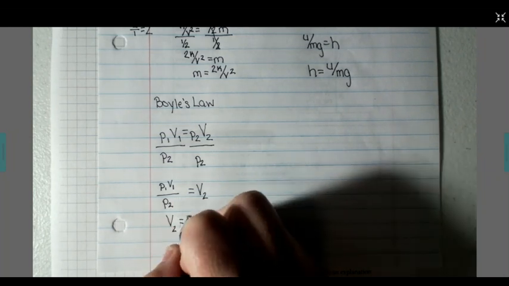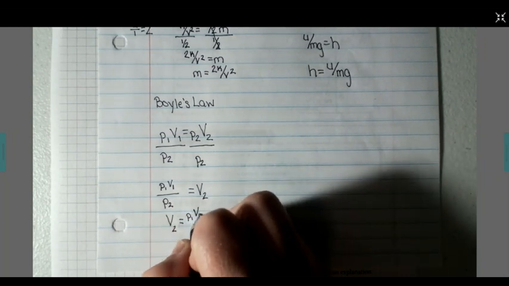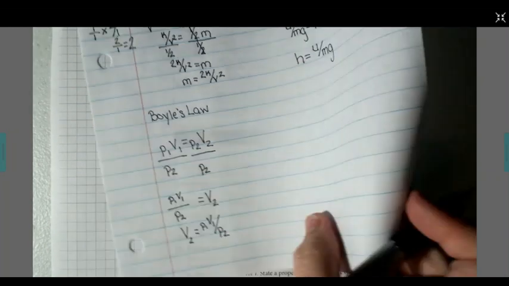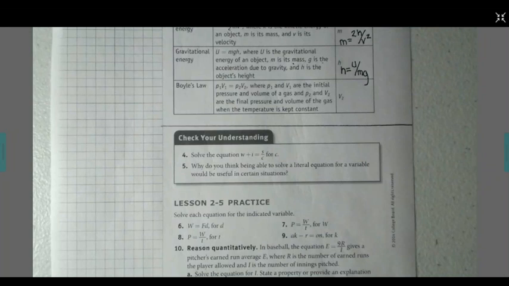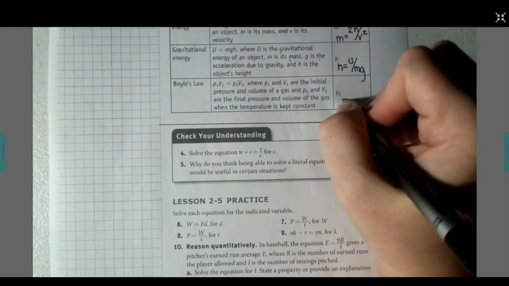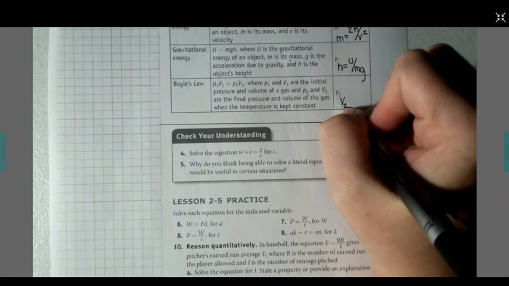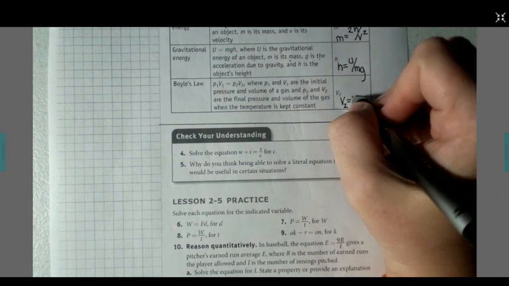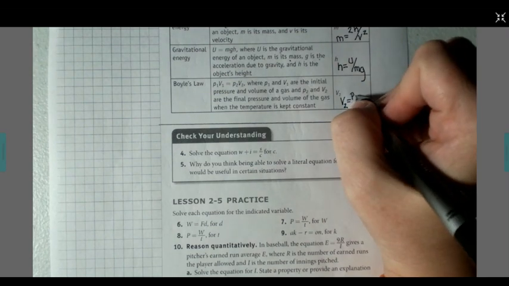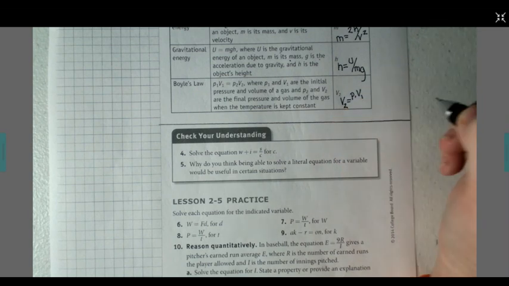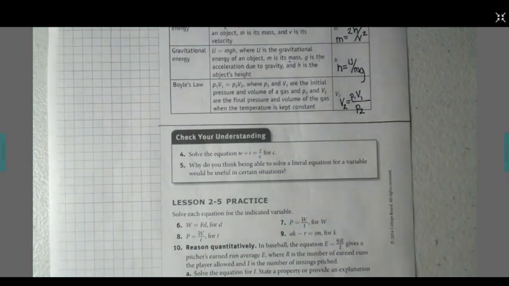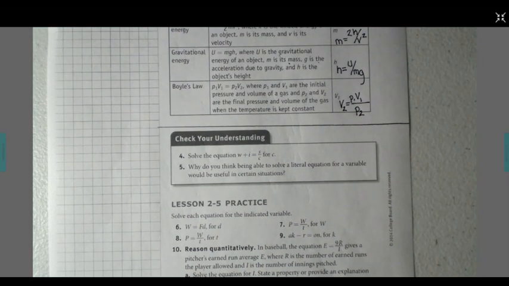So I'm going to put P1 V1 divided by P2. So final volume equals initial pressure times initial volume divided by final pressure. On to your final debriefing.